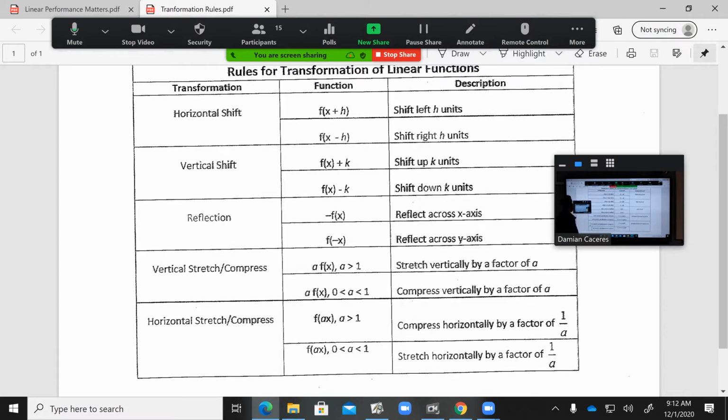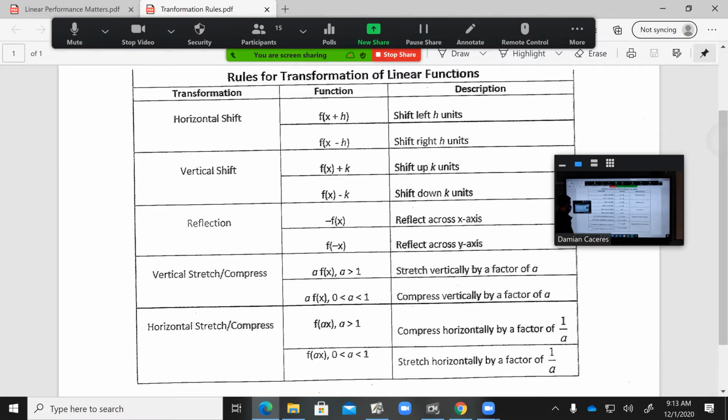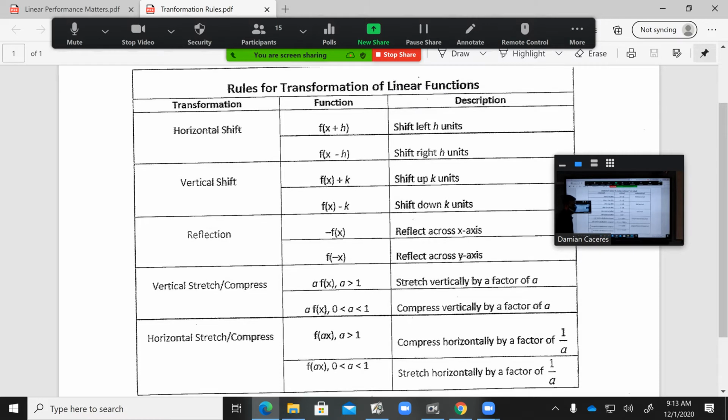Rules for transformation of linear functions. If you don't copy this and attach it to the assignment, you will not get the full grade. So you need to copy this down. Not print it, you need to write it.